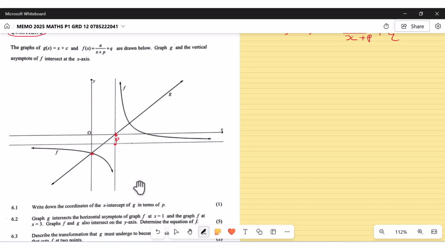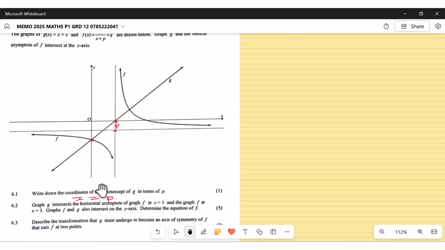Hope we are together till just the beginning of this question. Now they say that the graph of g intersects the horizontal asymptote of the graph of f at x equals 1, and the graph of f at x equals 3. So at x equals 1 we are intersecting the horizontal asymptote, so this x here is 1.